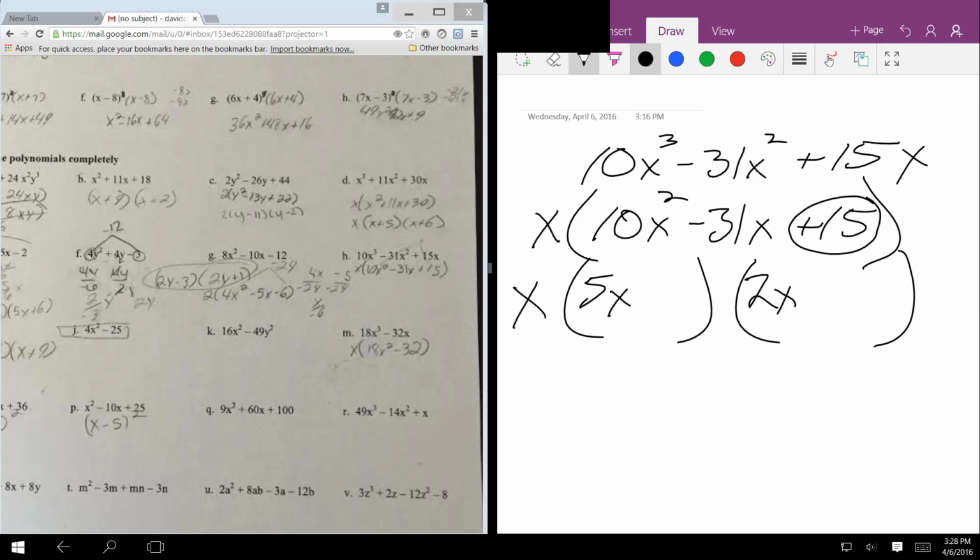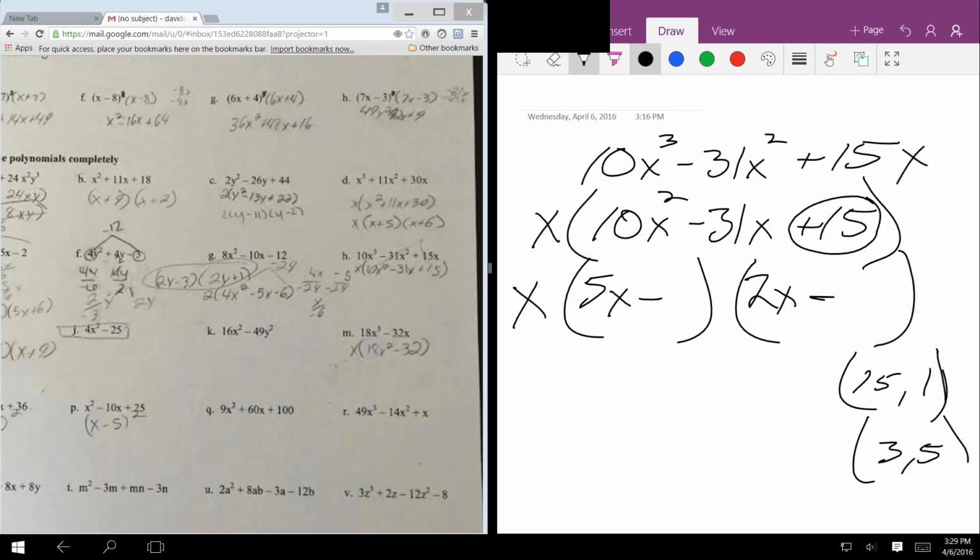To figure out whether it's negative, negative, look at the sign on the middle term. That's negative. Well, that means they both have to be negative. If that middle term was positive, then it would be plus plus. Now, factors of 15. 15 and 1, and what else? 3 and 5.